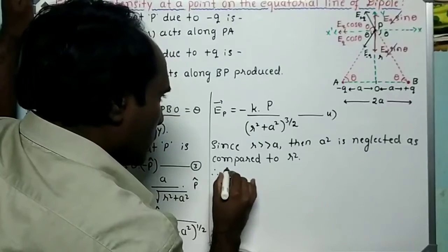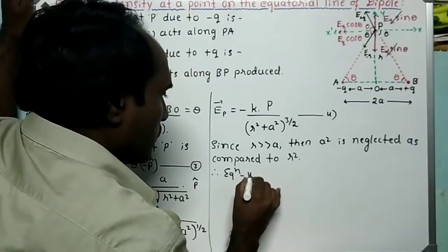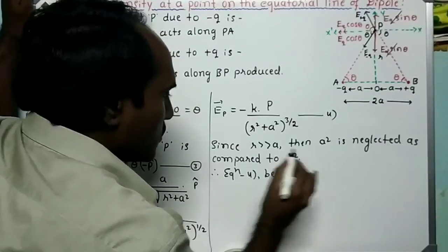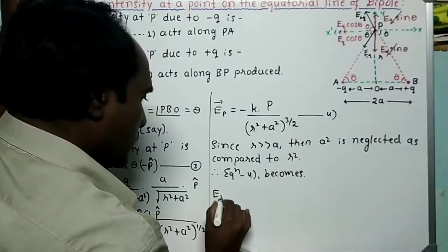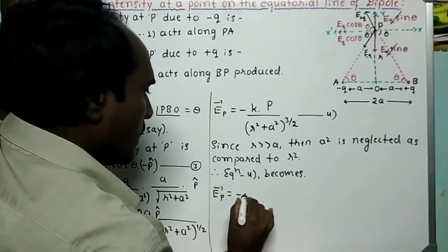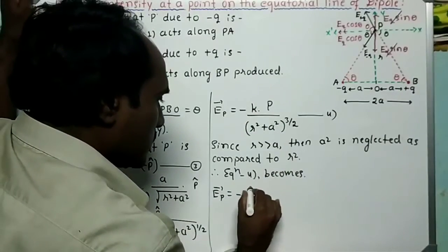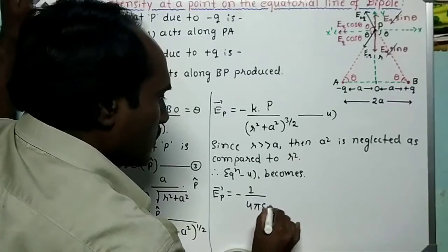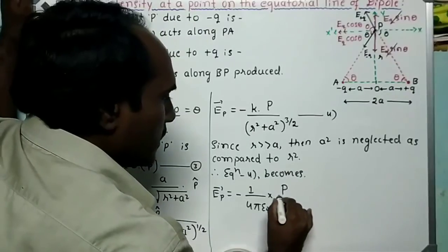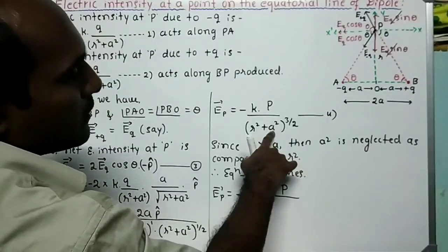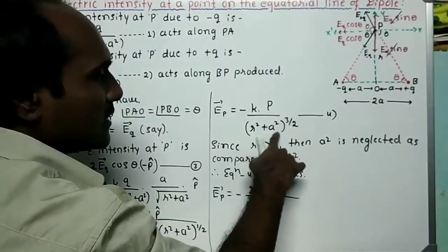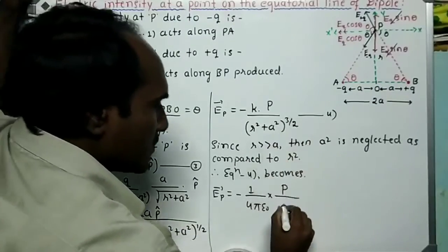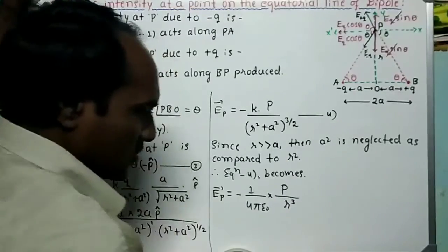Therefore equation 4 becomes, what? Electric intensity at point P is equal to minus K, whose value is 1 divided by 4 pi epsilon naught, into P divided by, here A square is 0, because neglected means it is taken as 0. Then R square raised to 3 by 2 means the 2 cancels, then only R cube remains.